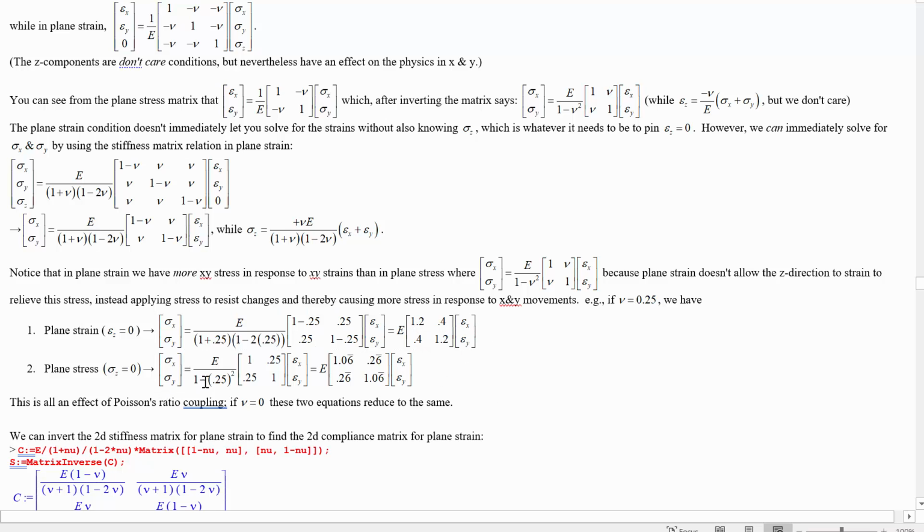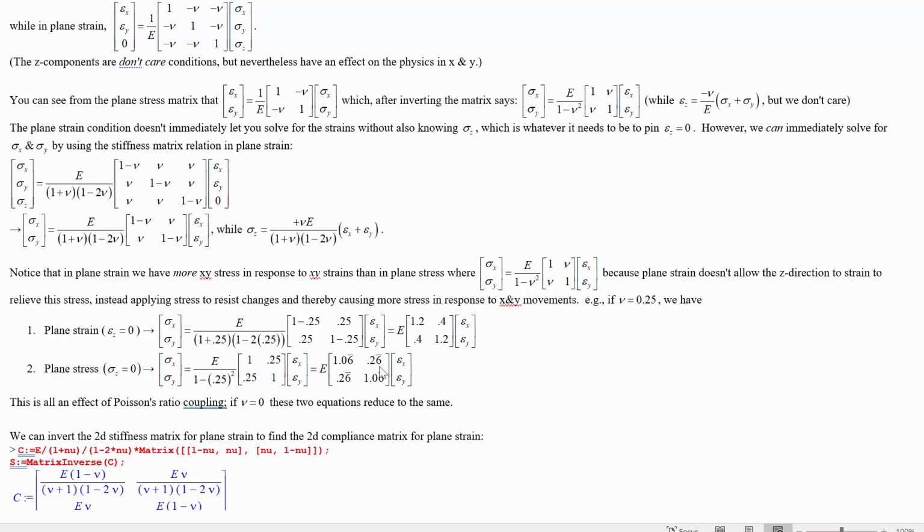And for plane stress, we have this one. We have almost just 1 in the x to x dimension, and also a lot lower than we did here for the y strain coupling to x stress, so the off-axis terms.